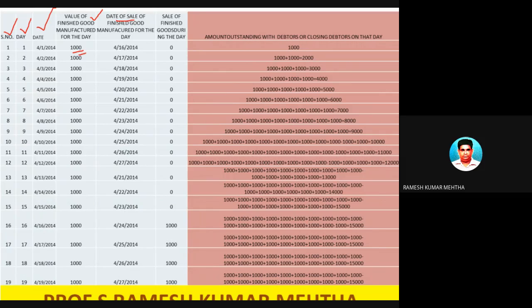Date of sale of finished goods and sale of finished goods during the day, and the amount of finished goods lying in the warehouse, so in the warehouse the finished goods are stored before they are sold to the end customers.